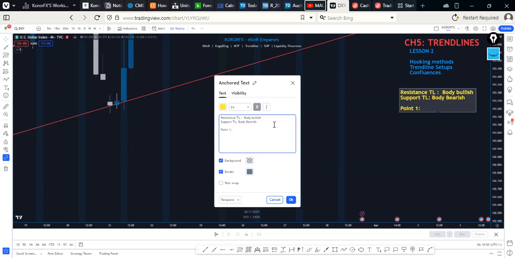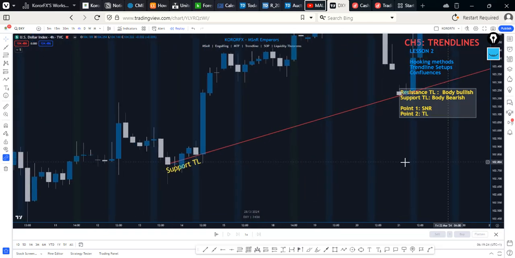It must be SnR, Malaysian SnR, because this is what we want to make the decision with. And then point B, let me say point 2, must be a trend line, a TL.